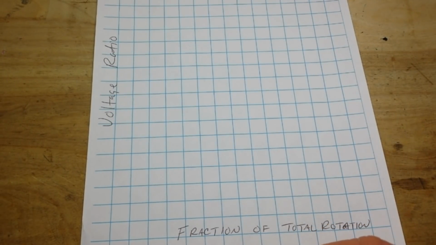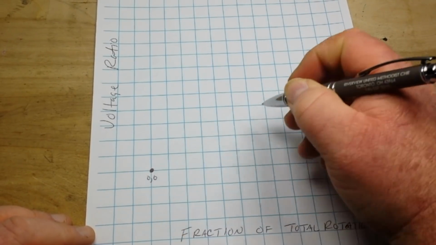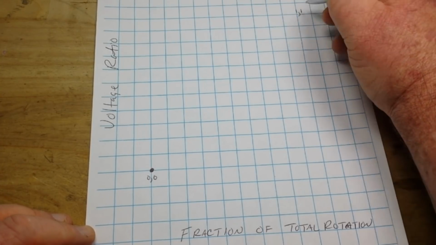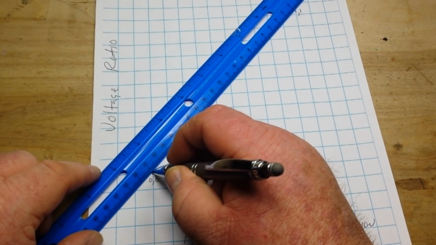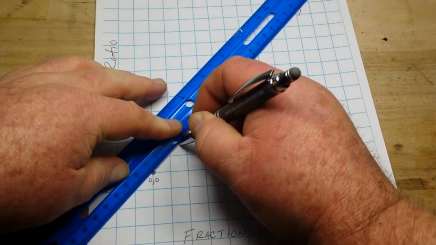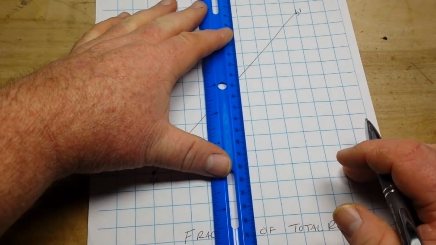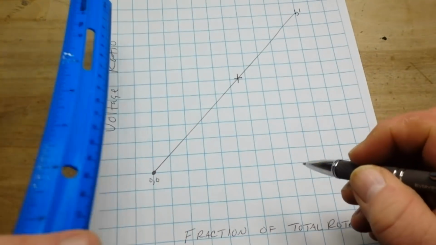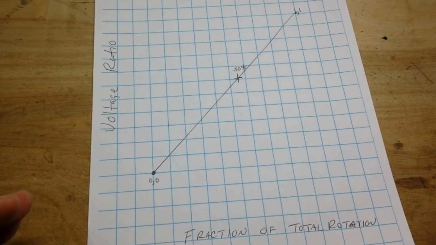So if we start with the type A pot, and we have this point here, which we'll call 0,0, and we'll go to this point up here, which we'll call 1,1, well then, your linear or your type A pot is going to be a straight line. And at the 50% mark, you're going to be at about 50% of the total voltage. I know that's not the 50% point, but it's close enough.